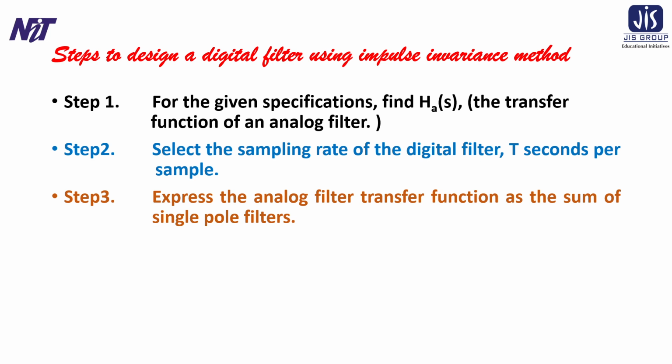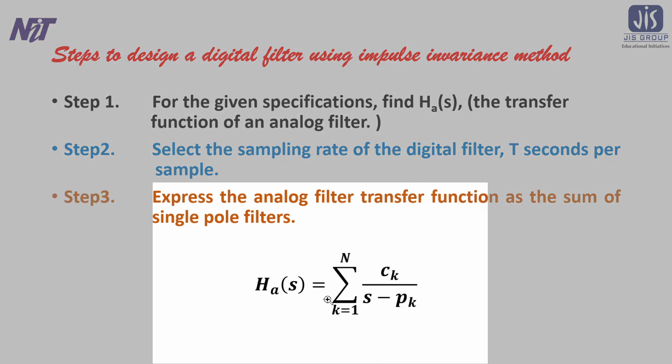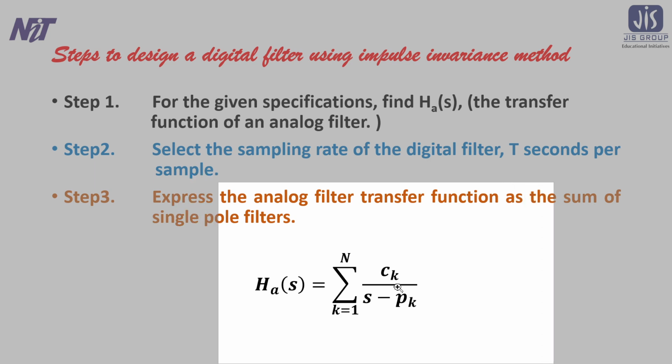Express the analog filter transfer function as the sum of single pole filters, that is H(s) equals the summation of k equals 1 to N of ck divided by s minus pk, where pk are the poles of the analog filter and ck are the coefficients in the partial fraction expansion.